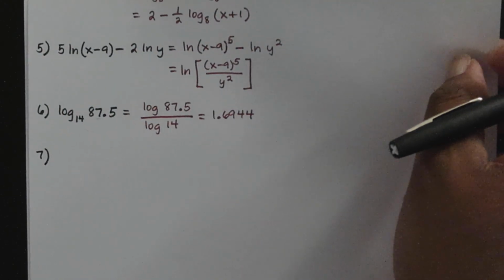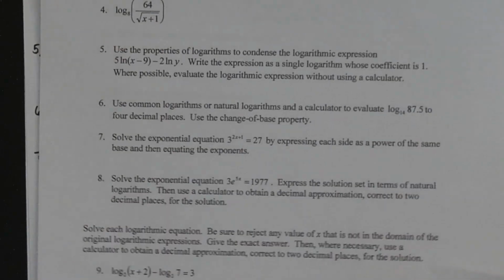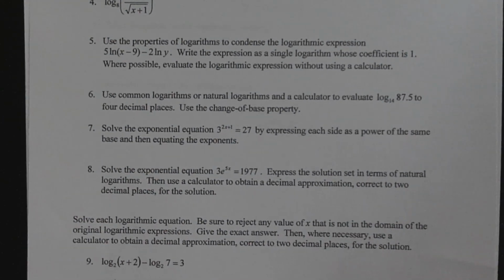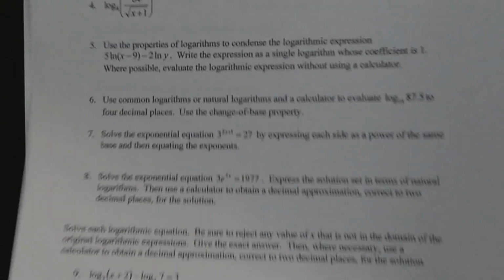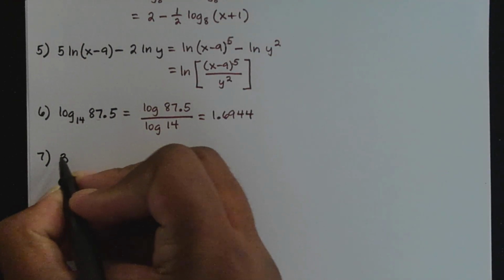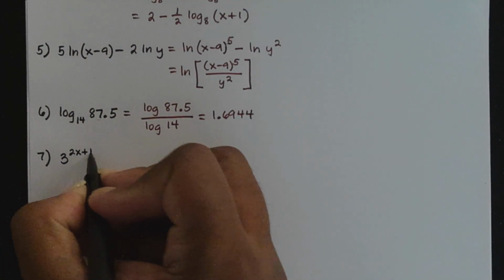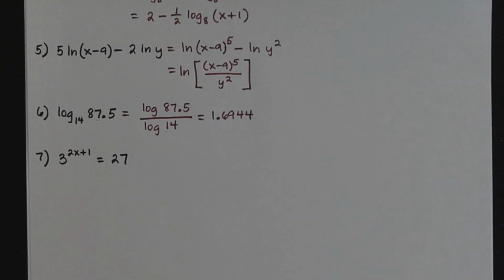Okay, number 7 is an exponential equation where you're going to solve this by expressing each side as a power of the same base and then equating the exponent. So I have 3 to the 2x plus 1 equals 27.